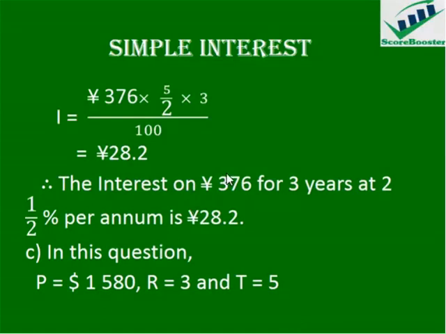So the interest on 376 yen for 3 years at 2.5% rate per annum is worth 28.2 yen. So we are just obtaining interest in this question.